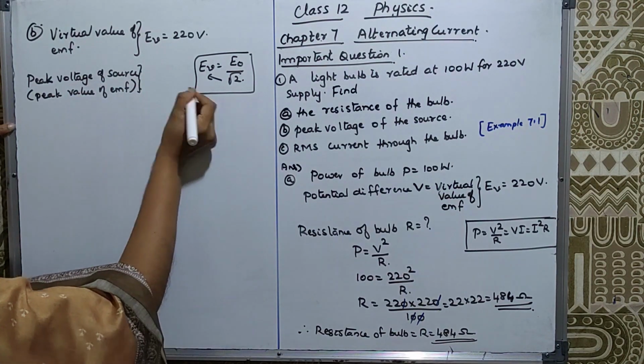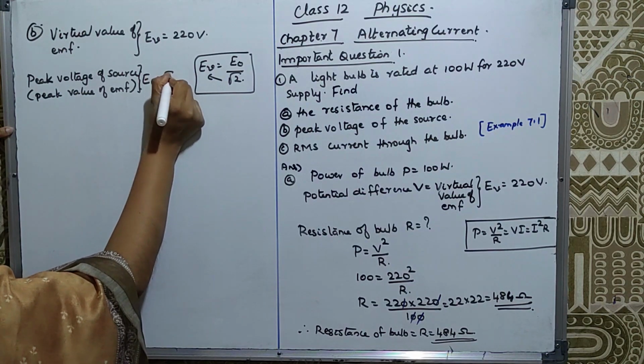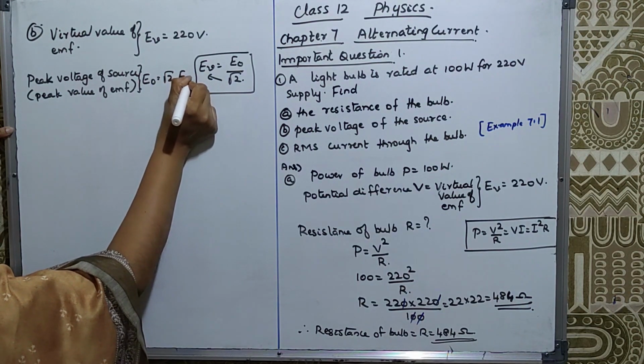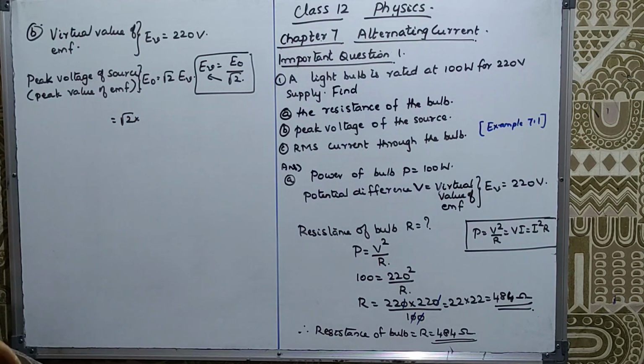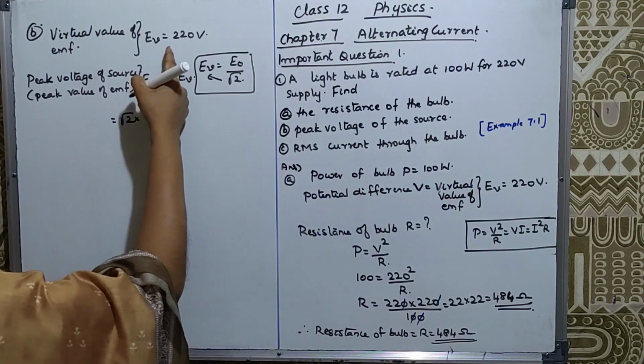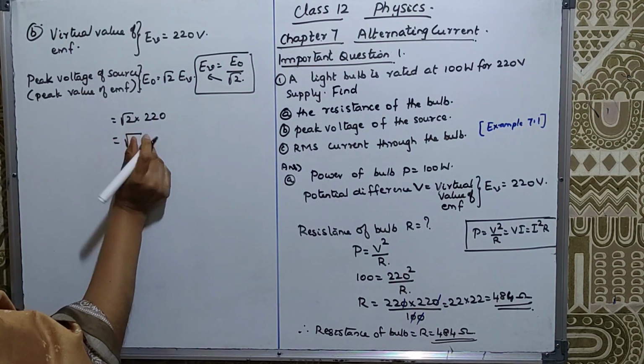That will be E0, cross multiply, root 2 into E suffix V, which is root 2 into 220. So we'll get the answer 220 root 2.